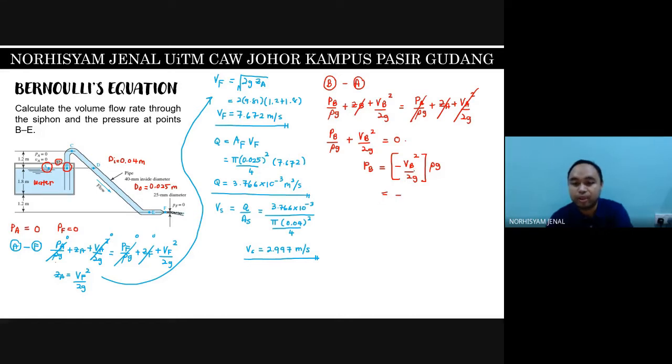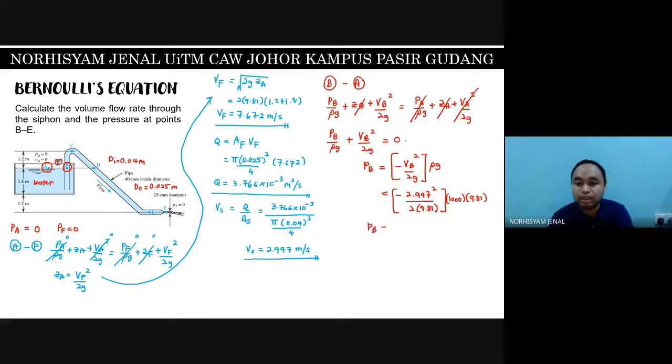So negative VB over here is 2.997 divided by 2 times 9.81. Remember, this is a negative sign. Do not put it inside here, because if this is negative 2.997 and then you have 2.997 square over here, it will become a positive number. So make sure the negative sign is outside of the calculation. And the rho for water is 1000 and G is 9.81.